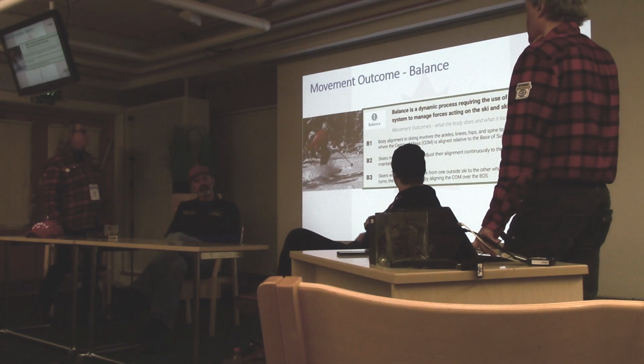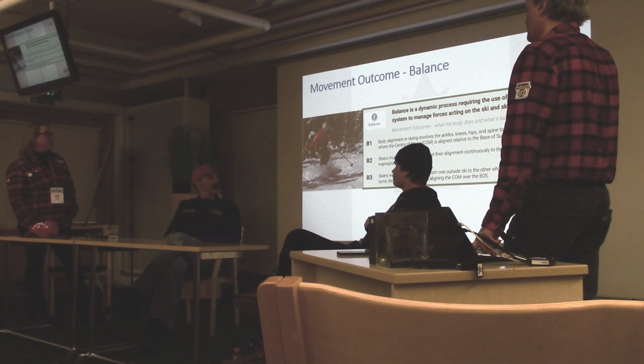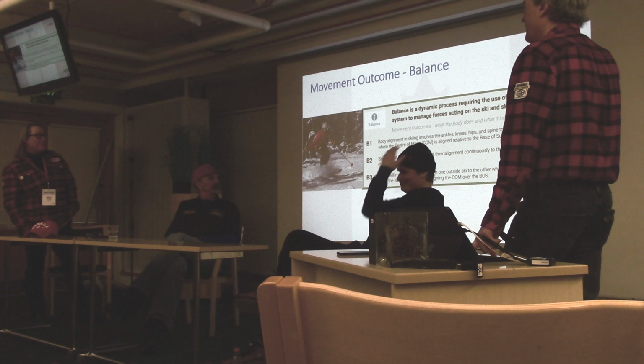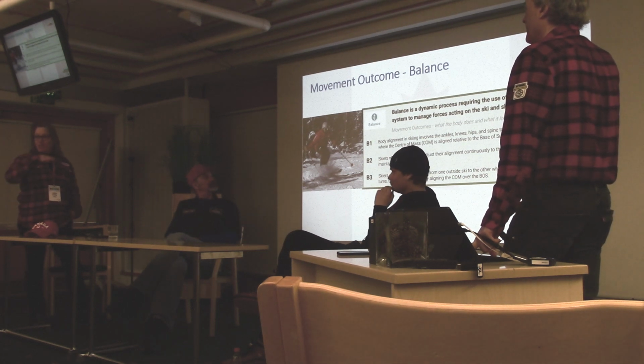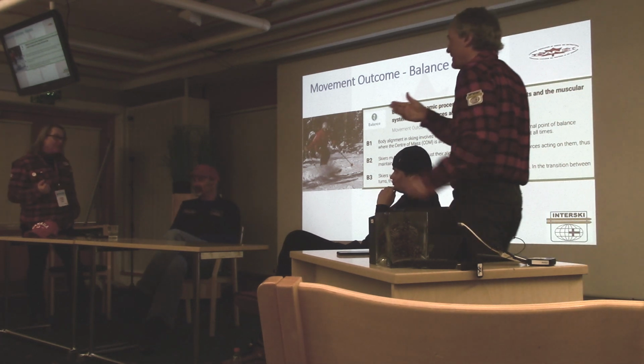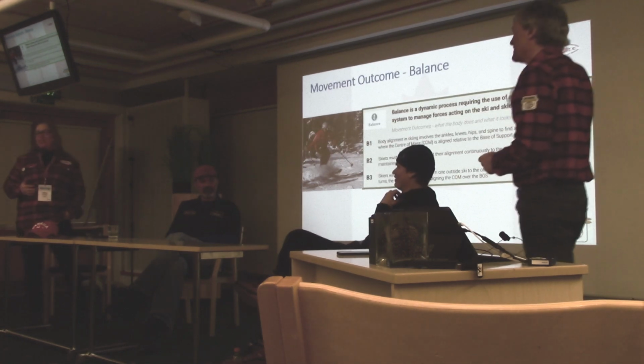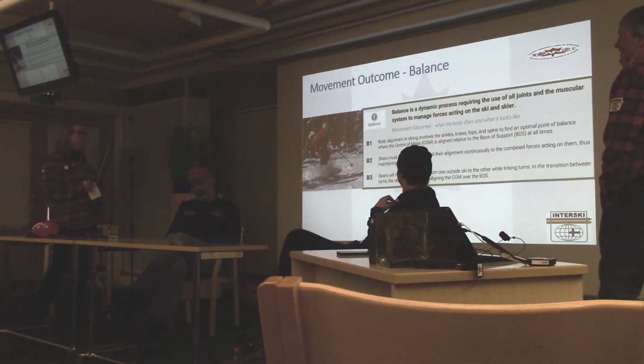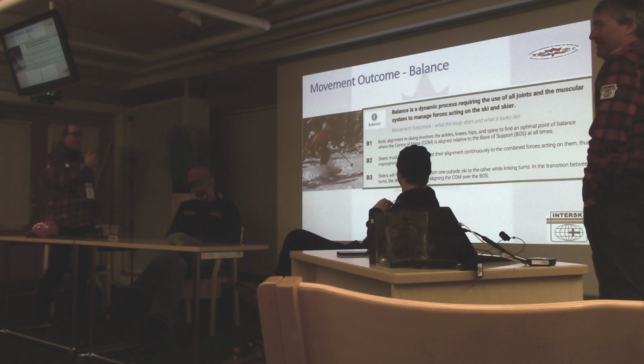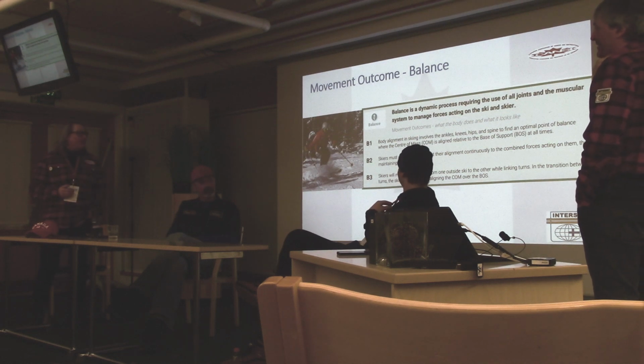Is that it? So, movement outcome, there's lots written here. I'm better on snow than in class, but I can get you some snow if you want, it's easier to show. Basically it's what the body does and what it looks like.